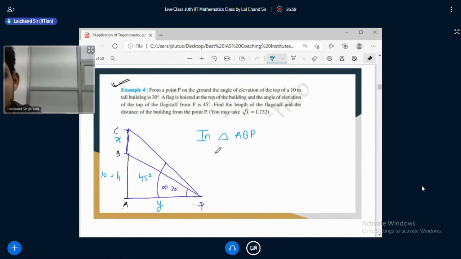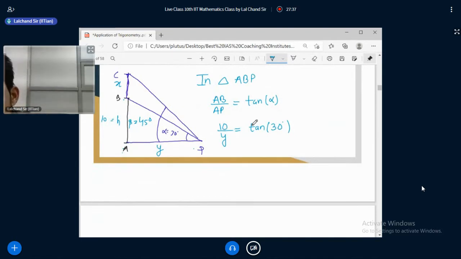So we can say AB divided by AP is tan alpha. And we can say this angle is beta. If we substitute all values, AB is 10 units, and AP we have written as variable y, and tan of 30 degrees.